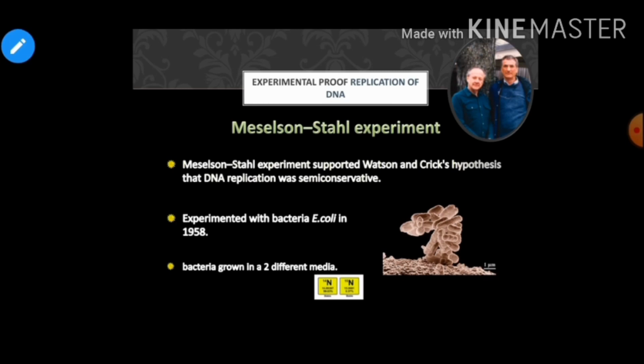One set of E. coli was grown in medium with N15. Nitrogen has two isotopes, N14 and N15, so the atomic mass is different. N14 has atomic mass 14 and N15 has 15. However, neither isotope is radioactive. Both of them are non-radioactive.